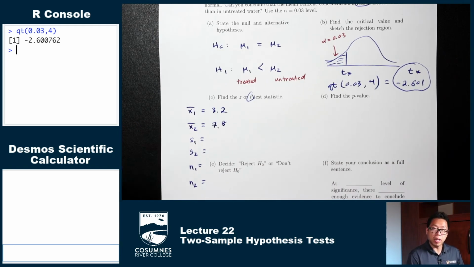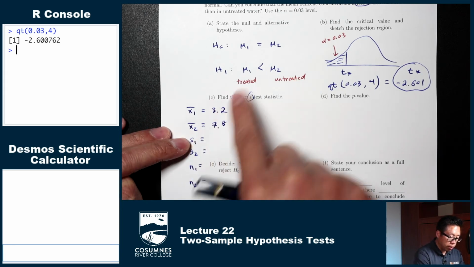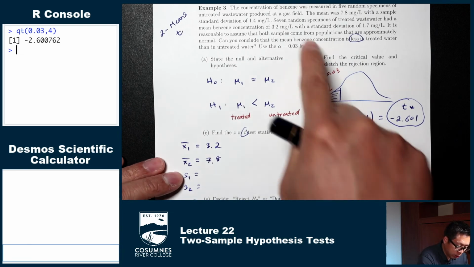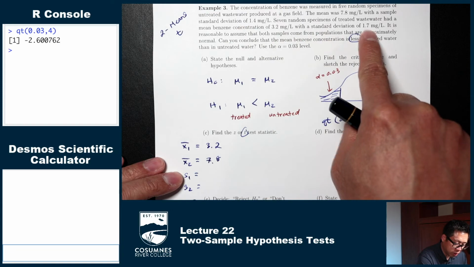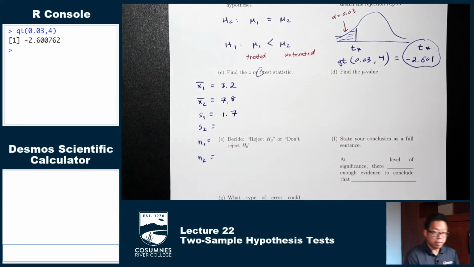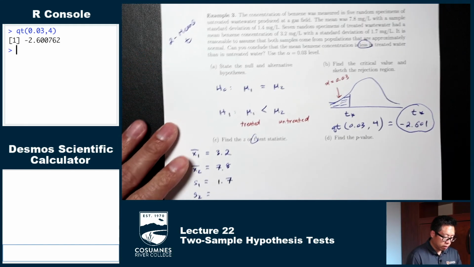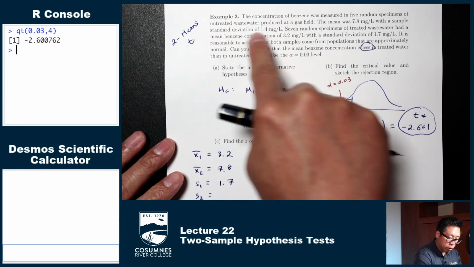s1, so s's are standard deviation. Standard deviation for treated, which was the middle part here, is 1.7. s2 is the standard deviation for my twos, the untreated, which was the first part here.